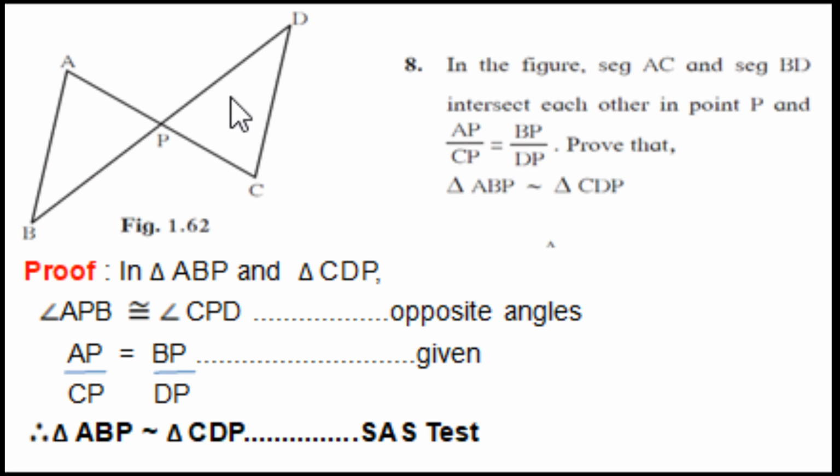So in these two triangles, angle APB congruent to angle CPD, opposite angles, and AP upon CP is equal to BP upon DP, it is given. So we get 3 conditions to prove that these two triangles are similar. So triangle ABP similar to triangle CDP by SAS test, that is side angle side test.